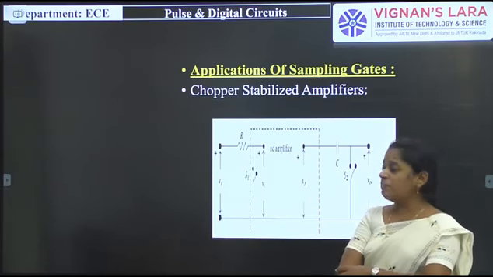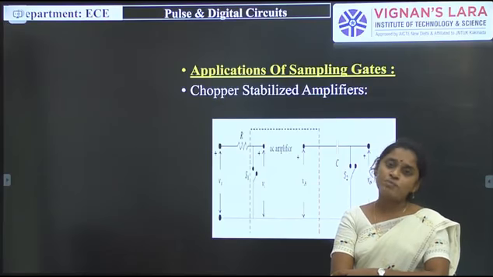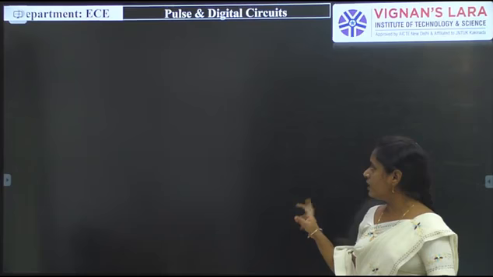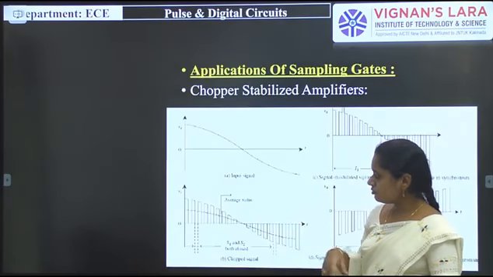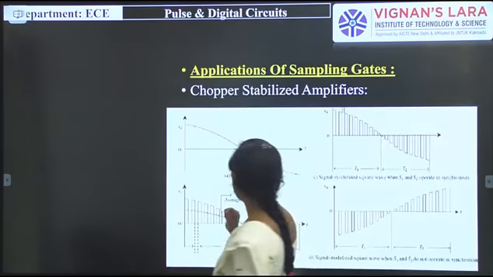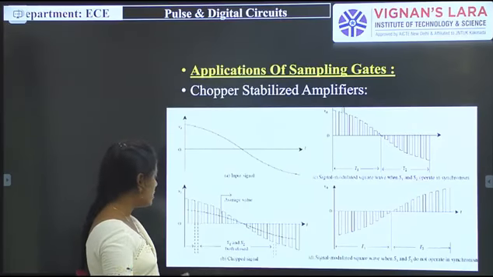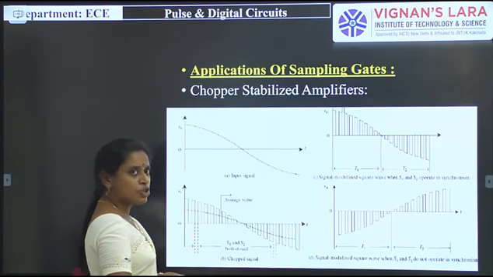Here it performs a modulation action. First we take the Vs signal, which is the input signal we give. Next is the chopped signal. What is meant by a chopped signal?